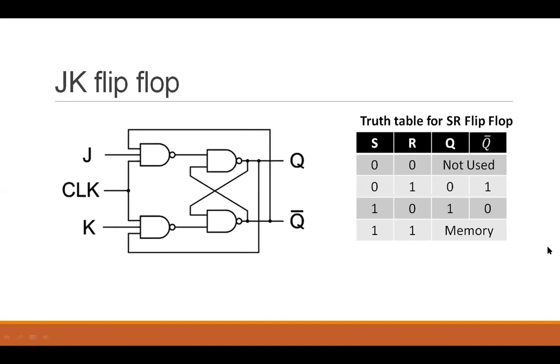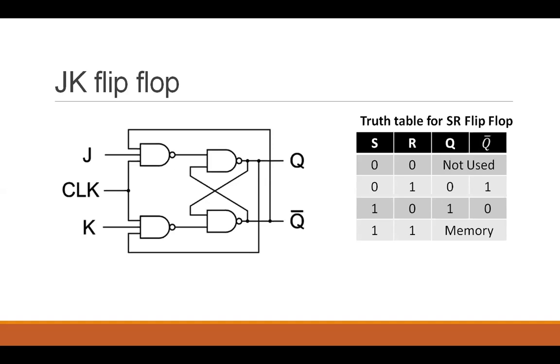You can see that basically it's an SR flip-flop, but on the left we have added two more NAND gates, and the Q complement is being fed back into the J NAND gate, and the Q is being fed into the K NAND gate. J stands for set and K stands for clear.